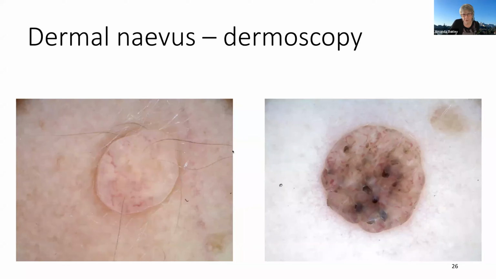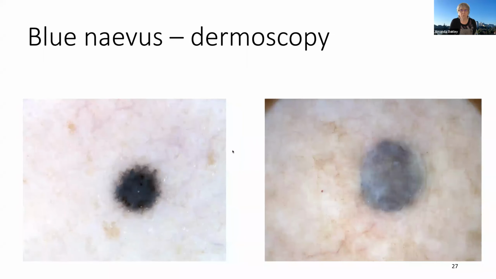There's no reticular, that's to say a network pattern, or the clods that we see in the childhood type of nevus. But various structures are seen. The blue nevus is always structureless and can look a bit hazy and out of focus because these cells can often be deep down in the dermis.